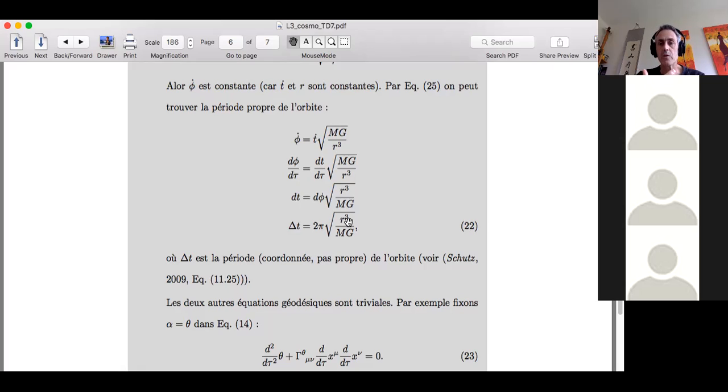And so in other words, the gravity in the solar system is extremely weak. So to a very good approximation, this period would be the period we would measure with the clock here on Earth as we do our circular orbit around the sun.